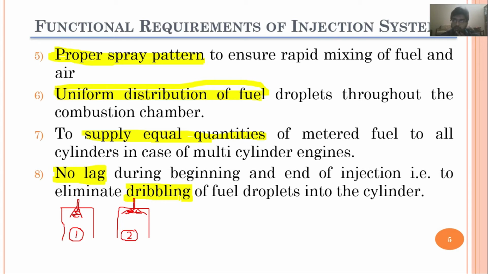So your injection system has to ensure that after the desired amount of fuel has been injected into the combustion chamber, there should not be any more particles of fuel injected in the form of dribbling. So these are some of the functions of the mechanical injection system which need to be understood.